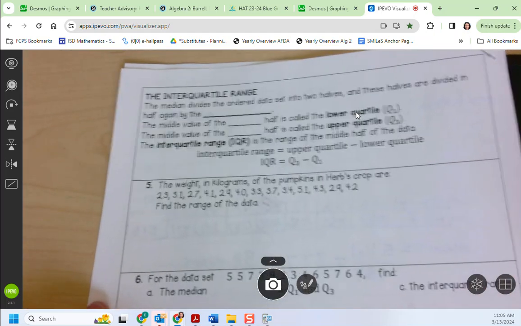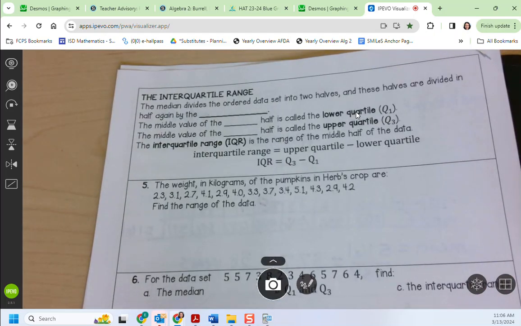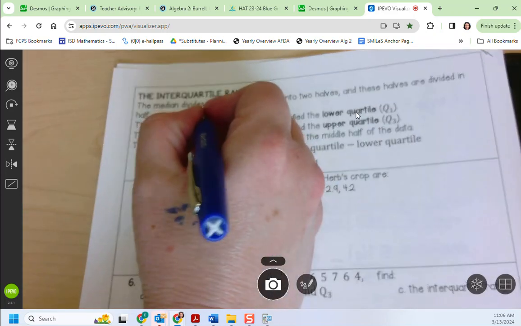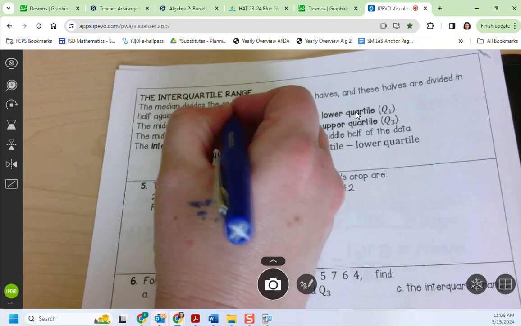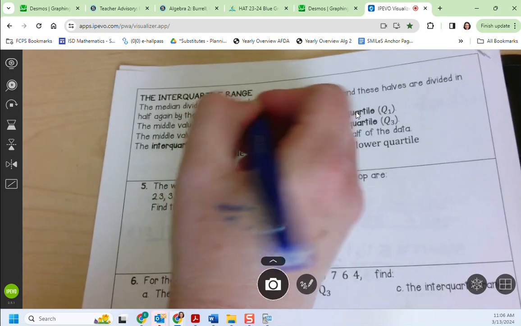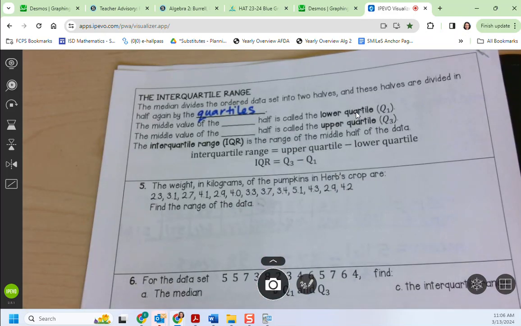All right, interquartile range has to do with that box and whiskers plot. So the median will cut your data in half, and then these halves are cut in half again by quartiles. We're going to talk more about box and whiskers plots probably next time.